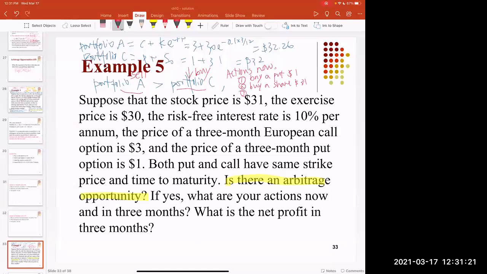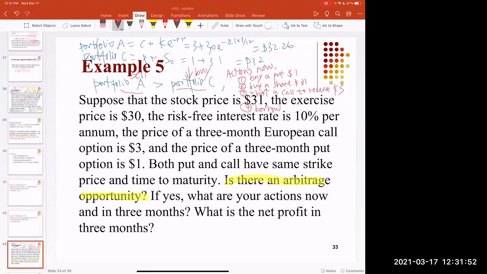And you're going to short a call. When you short, you receive money, $3. And finally, because you short a bond, you're going to borrow money.